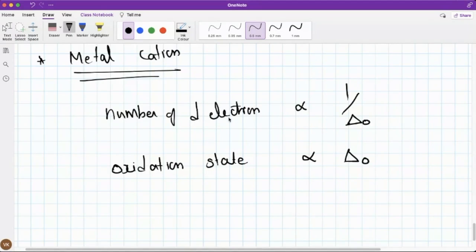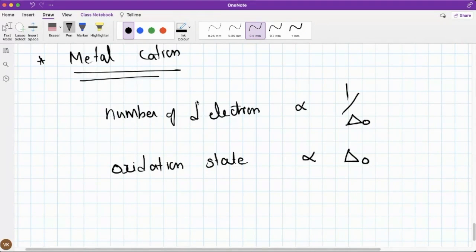So this way the delta naught can change, either depending on the number of d electrons in a given metal cation, or on its oxidation state. These are relative terms. For example, iron 2 plus and iron 3 plus: in iron 3 plus the oxidation state is higher, so iron 3 plus will have a higher delta naught than iron 2 plus.